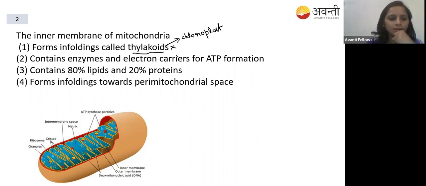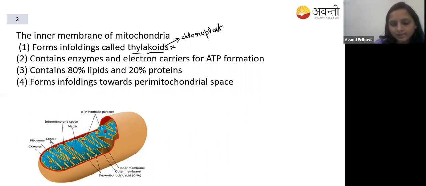So then coming to the third option, contains 80% lipids and 20% protein. No, guys. Here many people will get confused. In other membranes, 80% lipid will be there and 20% protein will be there. But we all know that in the inner mitochondrial membrane, more proteins are present.